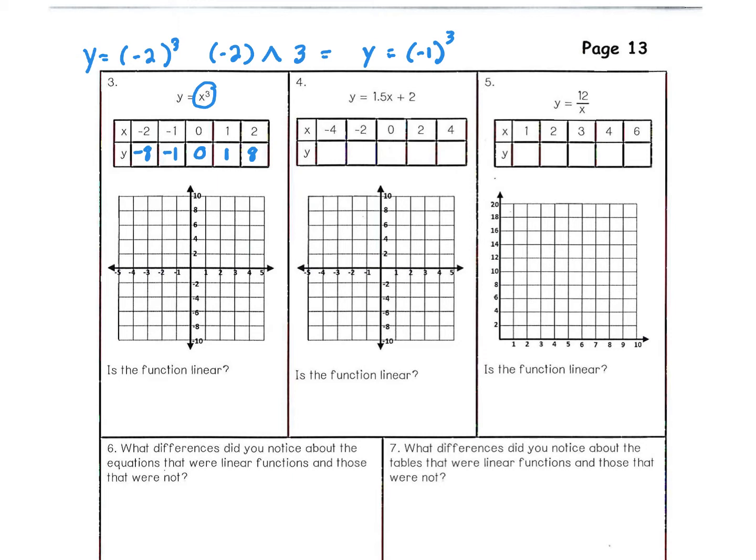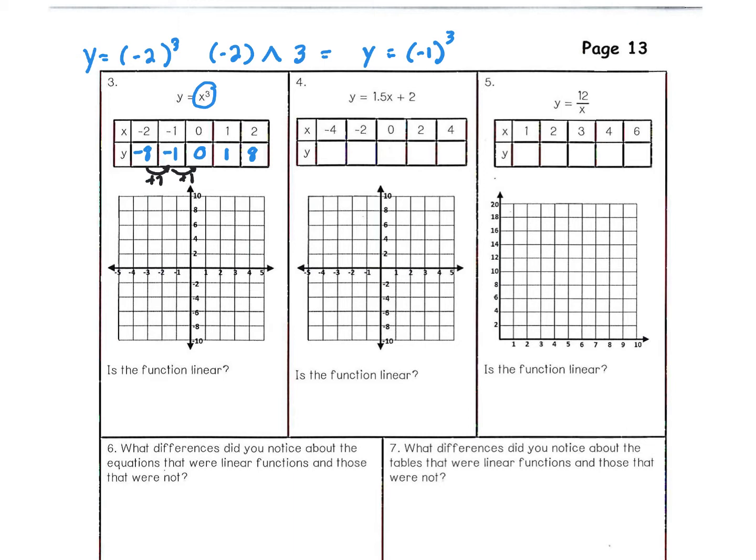So now we have our table. If you look from this y value to this one, it's going up 7. And if I go from this y value to this one, it's going up 1, so we have up 7, and we have up 1. Already this is not necessarily looking like it's going to be constant.